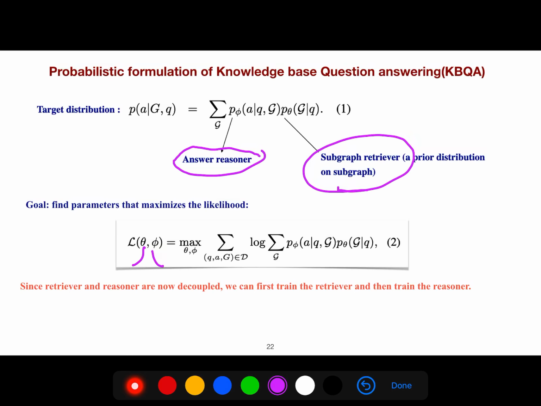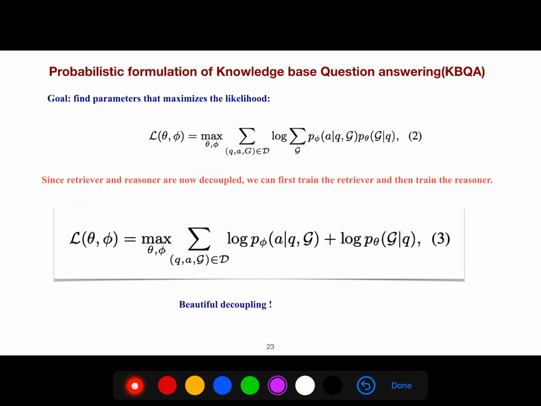And they are decoupled, so we can first train the retriever and then train the reasoner. But you can do it end to end, no problem. And so it's beautiful decoupling because log of, for example, AB is log of A plus log of B.